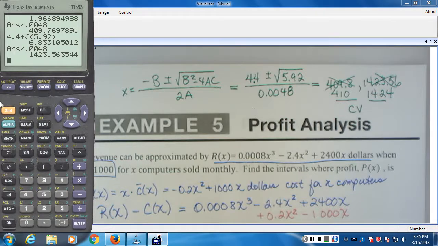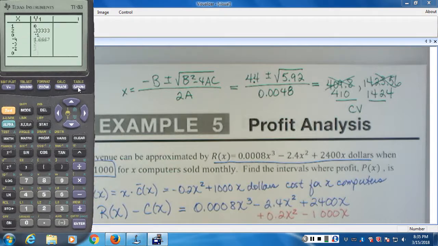So we've got our two critical values, and before I do anything, I'm going to go ahead and type those in my X list. So my first critical value is 410, and the interval is going to go from 0 to 410 to... 1424 is not in the domain.